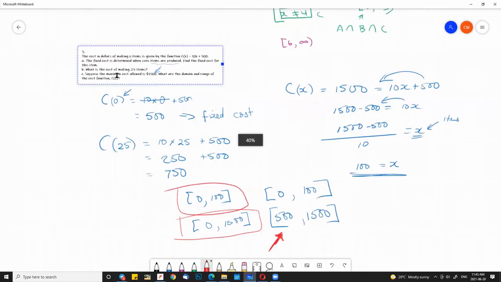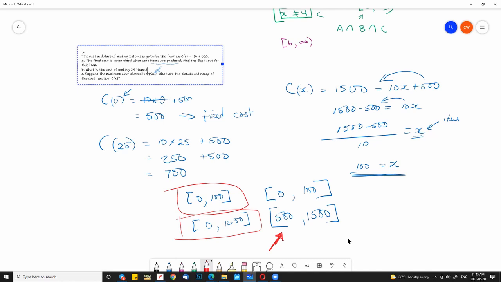The maximum cost allowed is given here in C, 1500. The fixed cost is 500. And remember, when zero items are produced, we found it here in A, we still have to pay this 500, right? So this is the bottom of the range, 500, not zero.